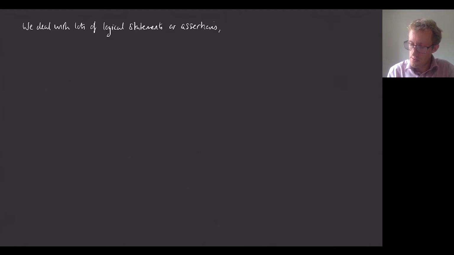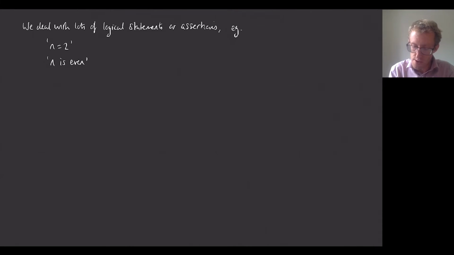So I'm going to say that we deal with lots of logical statements, or sometimes we call them assertions. So for example, some really straightforward ones might be to say things like n is equal to 2. That's an assertion. Or I could say n is even. Those are obviously very straightforward statements.